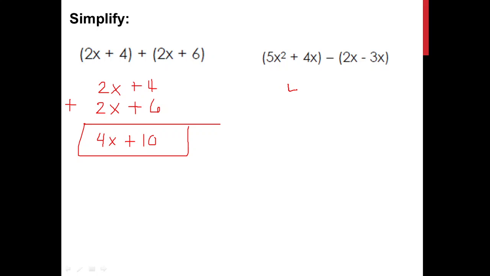So you have here 5x squared plus 4x minus, make sure that each term is aligned. That is minus. This one should be aligned here. 2x minus 3x. There.